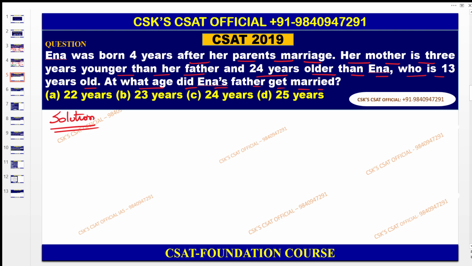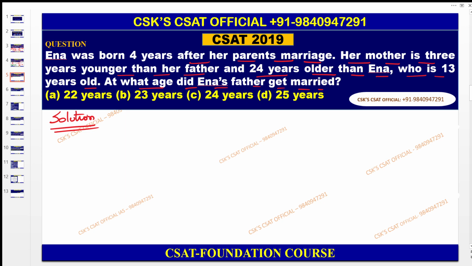So for these kinds of questions, just focus on reading once or twice. With one reading you can't get any clues. If you read once or twice, then you will easily get some clues here. So the one whose age is given is 13 years old, which means that Ina's present age is 13 years old. That is all you can get from this information.